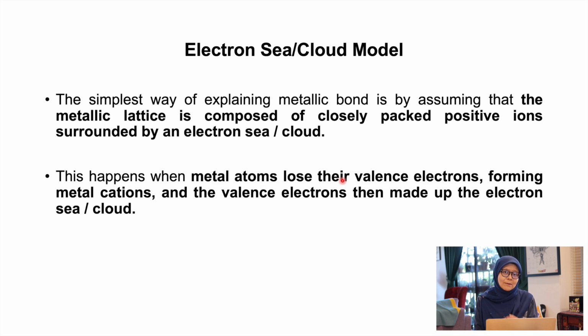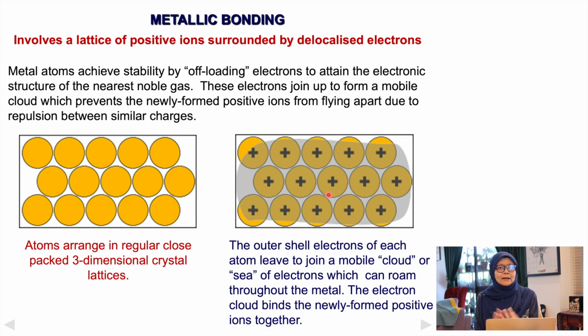Of course you know that metals have a tendency to release or donate their electrons, forming metal cations, and the valence electrons then make up the electron sea or electron cloud. So in metallic bonding, it involves a lattice of positive ions surrounded by delocalized electrons.